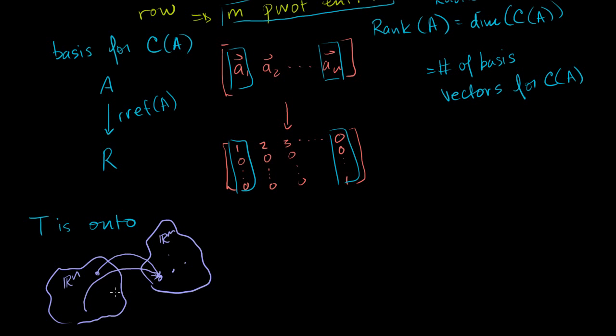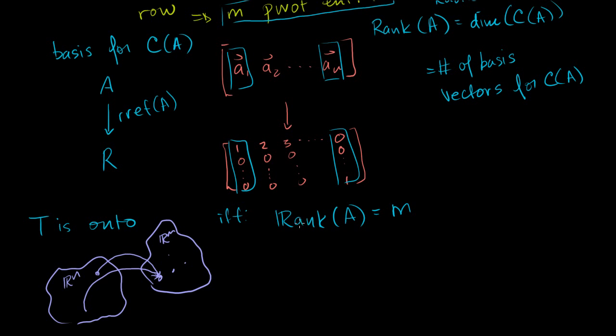And we're not even talking about one-to-one yet. So we say that T is onto if and only if the rank of its transformation matrix A is equal to m. So that was the big takeaway of this video.